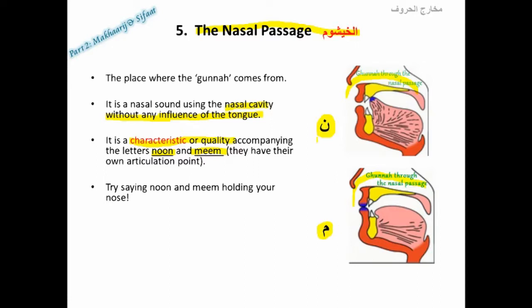But the ghunna is attached to these. The Khayshoom is attached to these because without Khayshoom, these letters would really not exist. They would not sound like a Noon or a Mim without the Khayshoom. The sound comes from Khayshoom. Try saying Noon and Mim holding your nose, and I think we've done this.